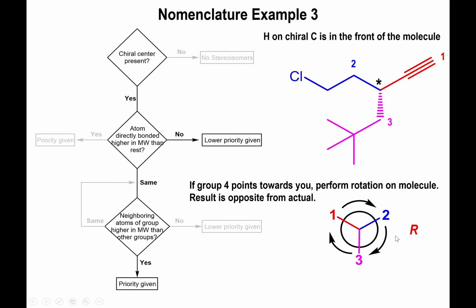When you do that, the red group is now sitting on the left side of the molecule and the blue group is sitting on the right side, because the carbon-hydrogen bond on the chiral center is then pointing exactly away from you. So we have in essence rotated this molecule. But the easiest thing to do is to note that the lowest priority group is pointing at you. You determine the rotation on your molecule, which looks S, and you do the opposite. So if it looks S, it's in fact going to be R.